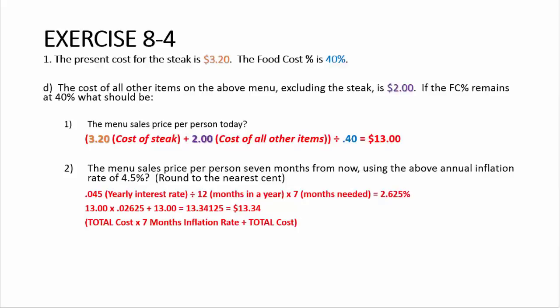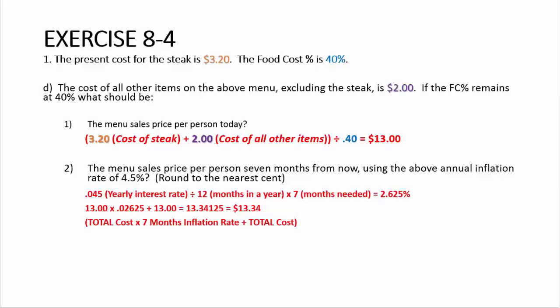Let's divide that by 12, the number of months in a year. By dividing the annual rate by 12 months, the answer will be the inflation rate for 1 month. We'll take that 1 month inflation rate and multiply it by the 7 months we're looking for. Or in other words, based on a 4.5% yearly inflation rate, a 7-month rate is 2.625%.